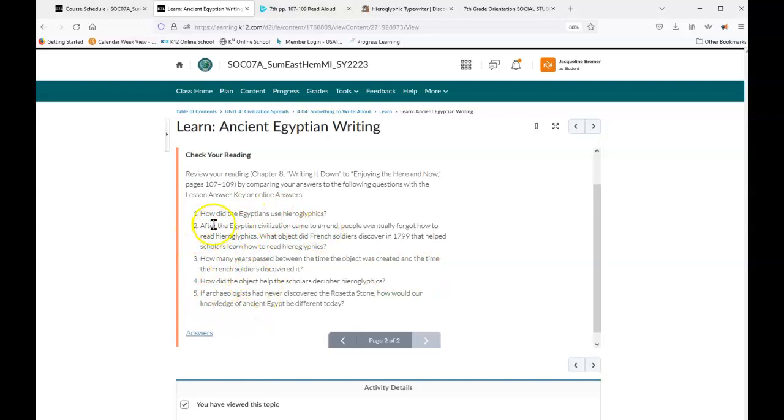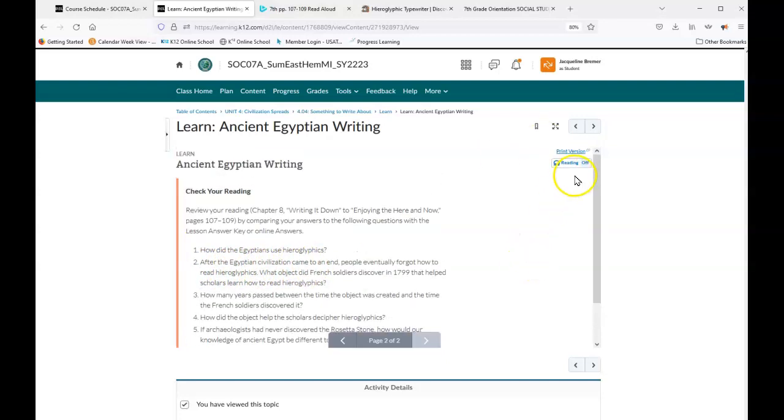1 through 5. How did the Egyptians use hieroglyphics? After the Egyptian civilization came to an end, and you can have these read to you as well, people eventually forgot how to read hieroglyphics. What object did French soldiers discover in 1799 that helped scholars learn how to read hieroglyphics?